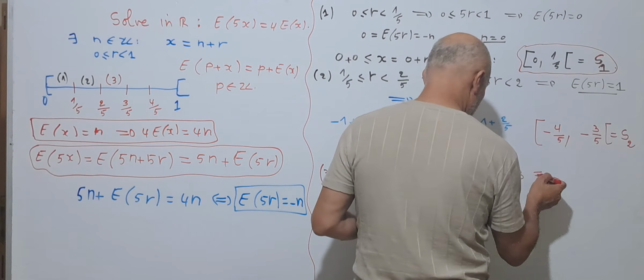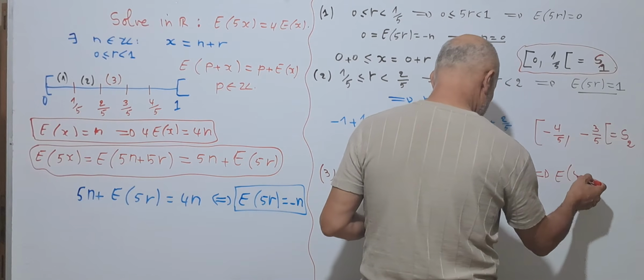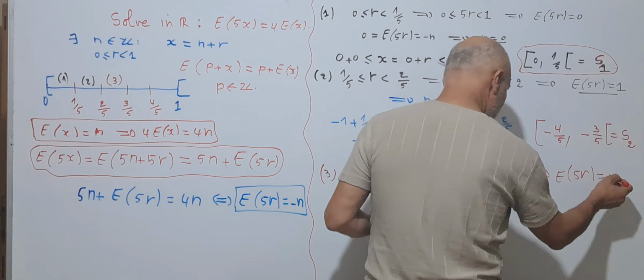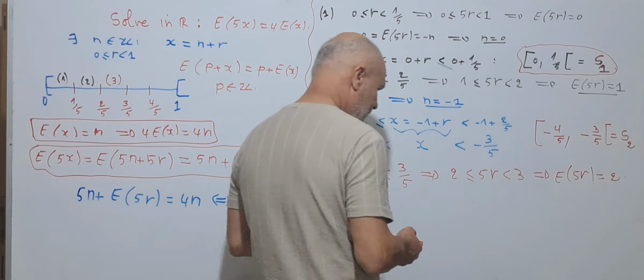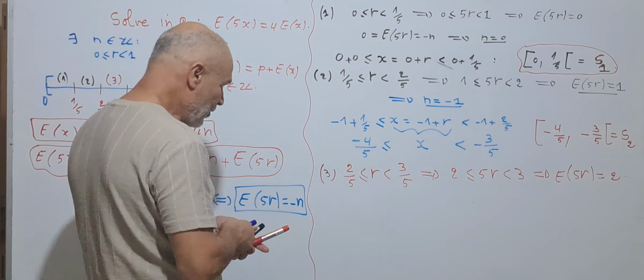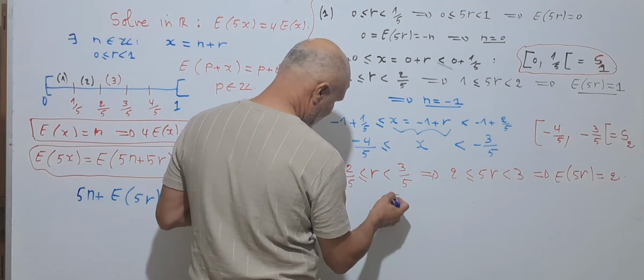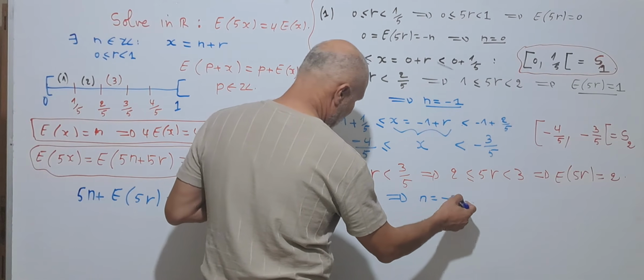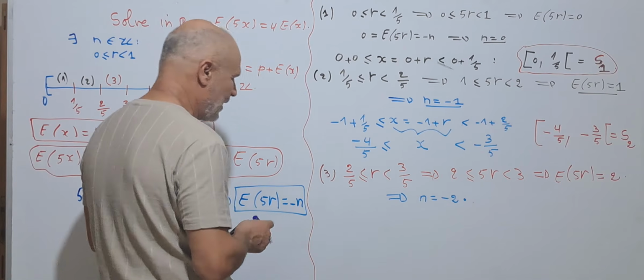And by the way, the integer part of 5r is equal to 2, which implies that n is equal to minus 2.